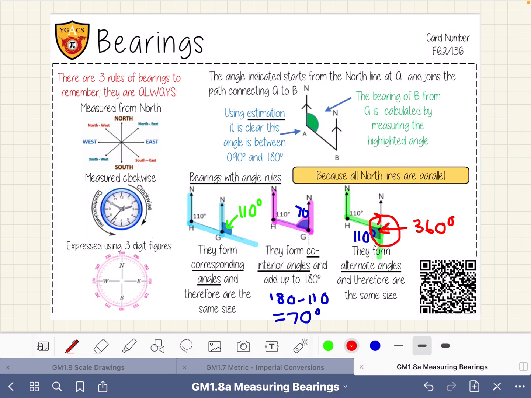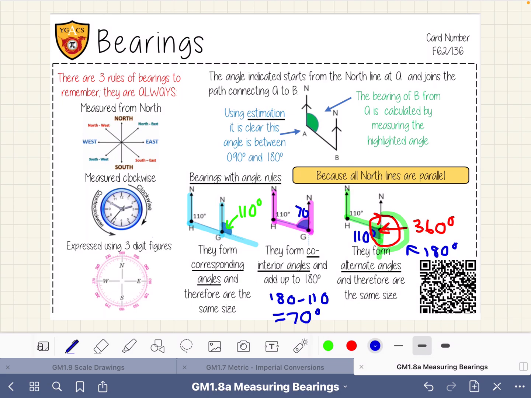Now we know that this part of the shape is 110 degrees. We should also know that this section here, that goes from the one side to the other, adds up to 180 degrees. So we have lots and lots of information that we could work with here.